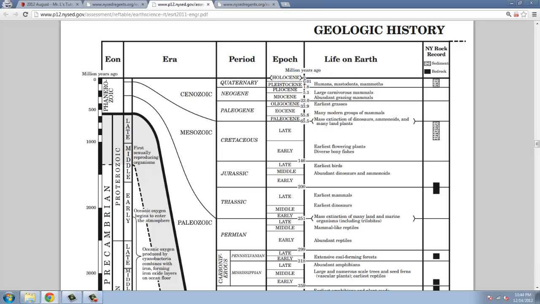So when you come down here, you see 0.01, that's about 10,000 years ago, and you have 1.8, that's 1.8 million years ago. So it's definitely before then. All the stuff that we're talking about is right in here. And it even says humans right here. This is when we're talking about human bones. So the correct answer for the period is definitely going to have to be Quaternary.